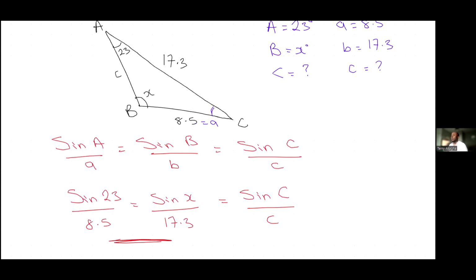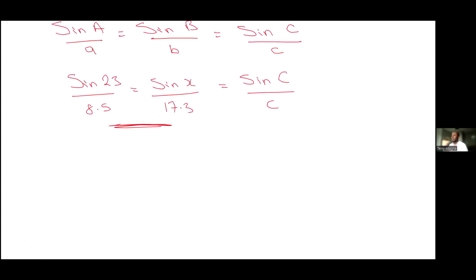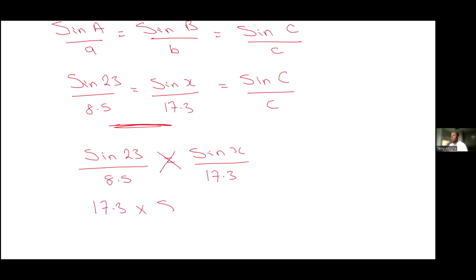So let's do this. So we're going to have sine 23 divided by 8.5 is equal to sine x divided by 17.3. All right. So we want to make sine x the subject of the formula. So you cross multiply. So it's going to give you 17.3 times sine 23 is equal to 8.5 times sine x. Okay. To make sine x to be on its own, so you're going to divide both sides by 8.5. Right.